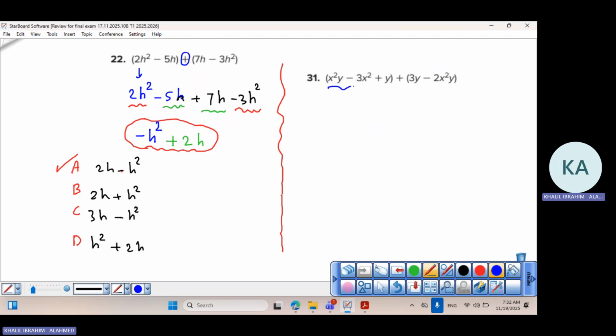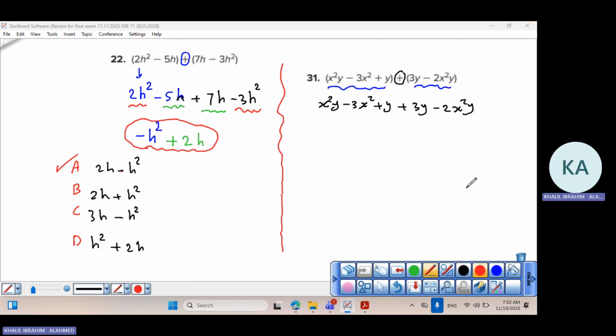The second expression is 3y minus 2x squared y. How to solve it? The sign between the two expressions is addition, or plus. That means don't change anything. This is x squared y minus 3x squared plus y plus 3y minus 2x squared y.